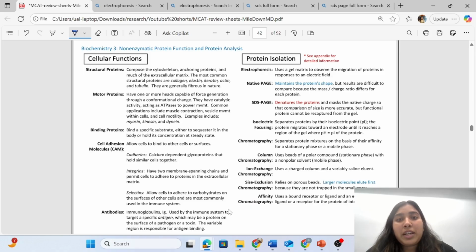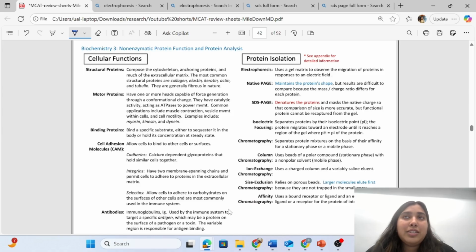Collagen is made up of 3 protein strands intertwined with each other, and it gives rigidity to our bones, skin, and all those kinds of things.